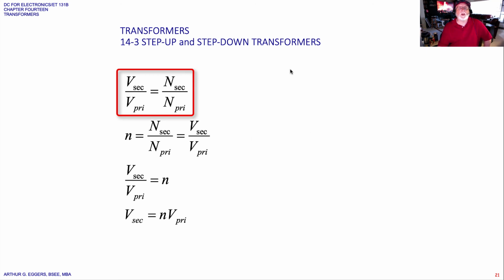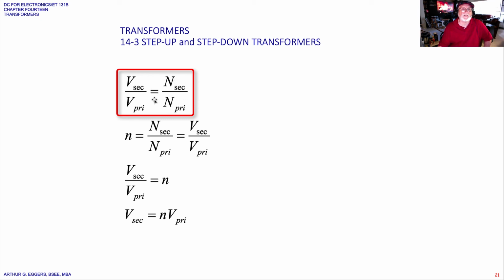If we want to look at the relationships to stepping up and stepping down, this relates to the input versus the output. If we want a larger output on our transformer, we step up. If we want a lower output, we step down. If we want them to be the same, we don't do either, okay? In this case, the voltage of the secondary divided by the primary is equal to the turns of the secondary divided by the primary.